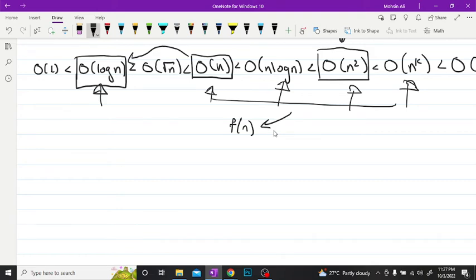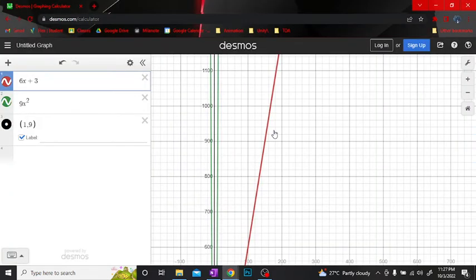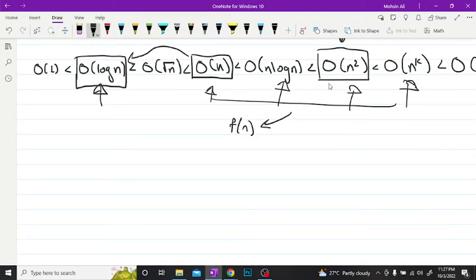Yeah, you could. However, whenever we're trying to solve questions like these, we always try to take the tightest bound. So we always try to get as close to our function f of n. That's the reason why we would prefer taking O of n rather than taking O of n squared instead.